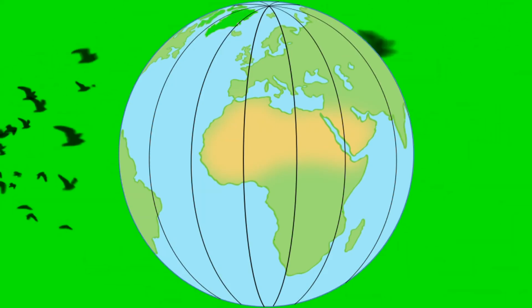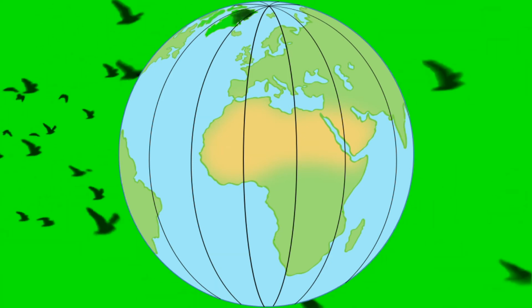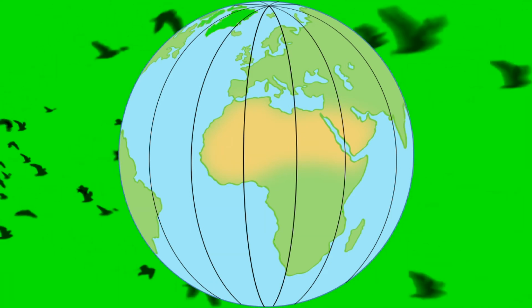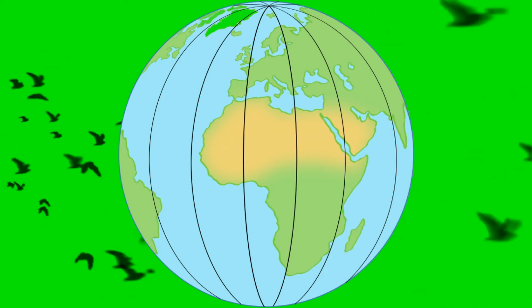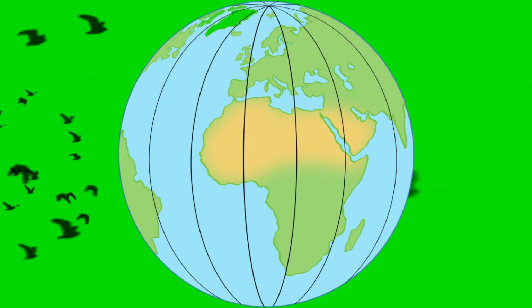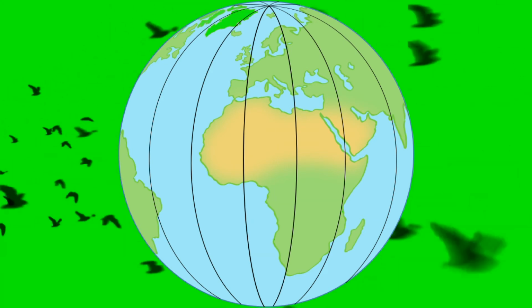Now all these lines of longitude are of the same length. Longitude की सभी lines की length same है. Why? Because all the lines join from North Pole to South Pole.